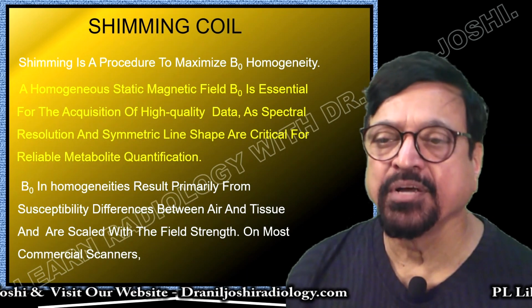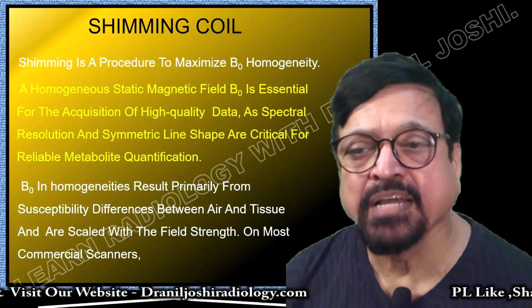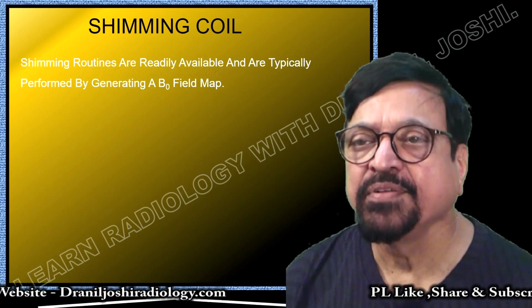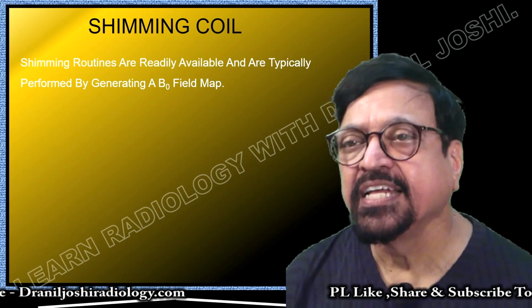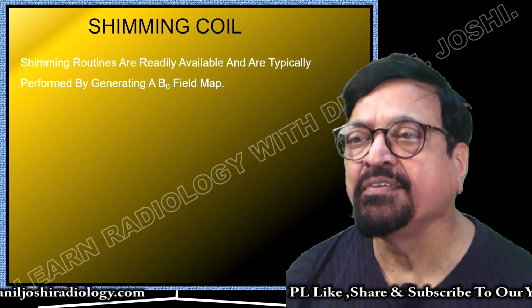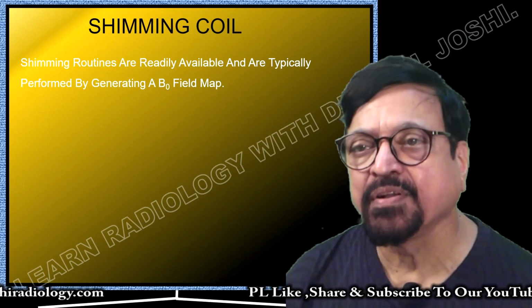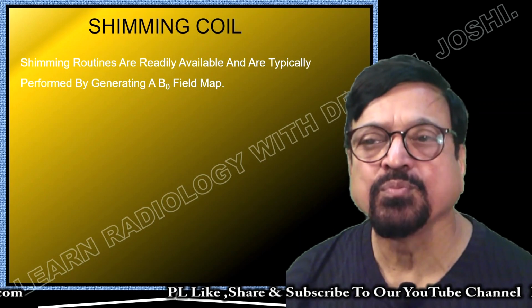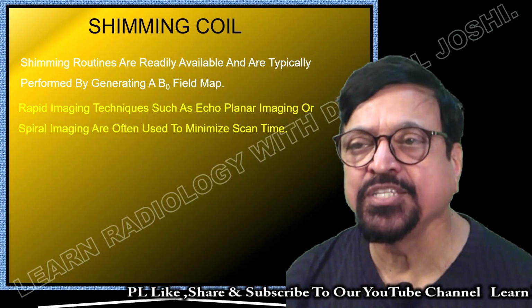Almost all commercial scanners have this type of coils. Continuing with shimming coil, shimming routines are reliably available and are typically performed by grading the B0 magnetic field. So its main role is to produce a homogeneous magnetic field in the B0 axis.